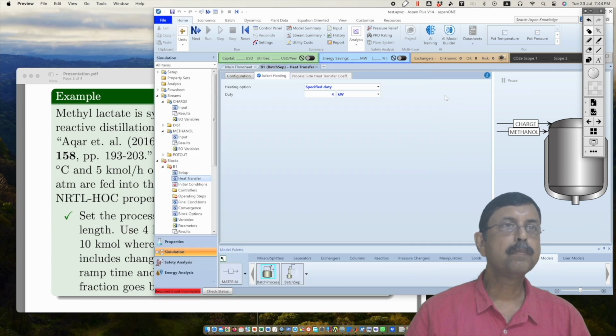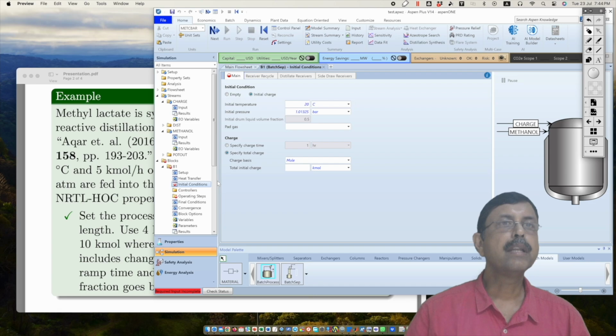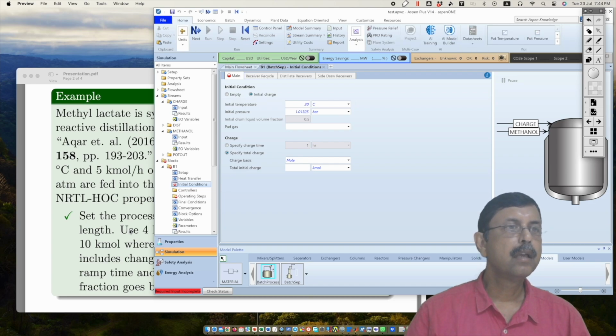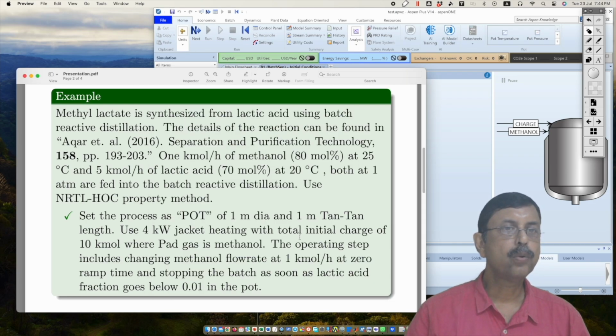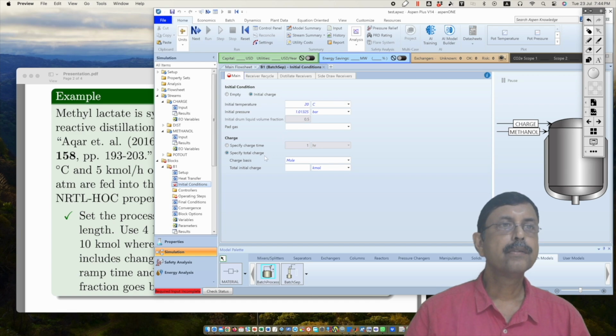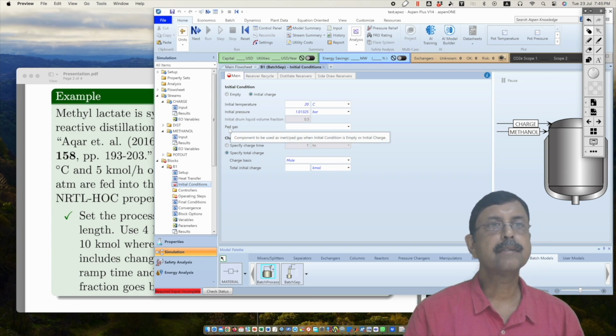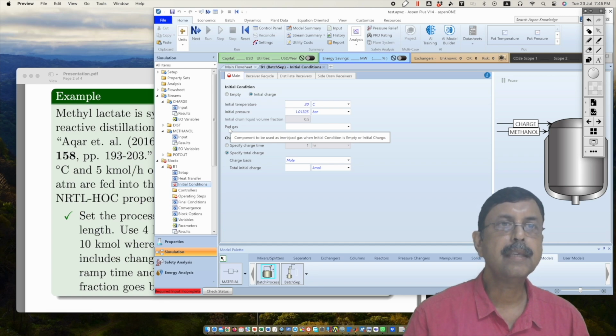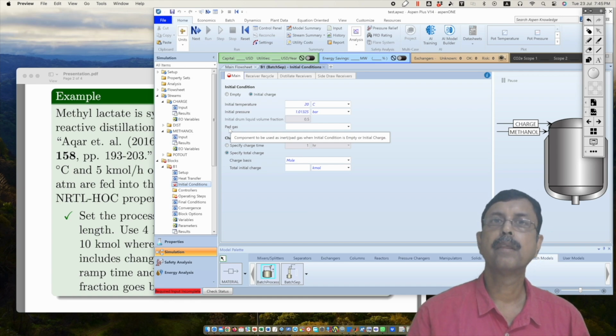And initial condition. So we have to place the initial condition. For initial condition, it is said that total initial charge of 10 kilomole where pad gas is methanol. So here, pad gas. What is pad gas? Pad gas is the component to be used as inert when initial condition is empty or initial charge.